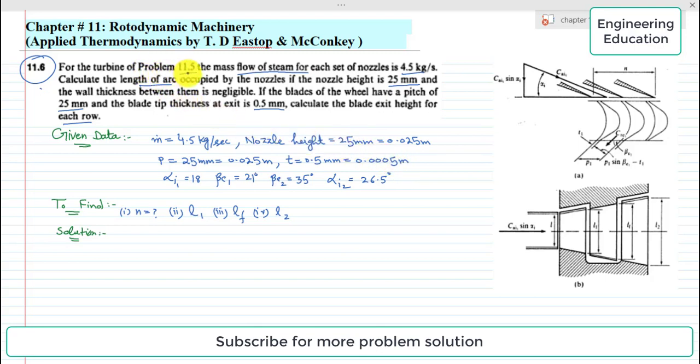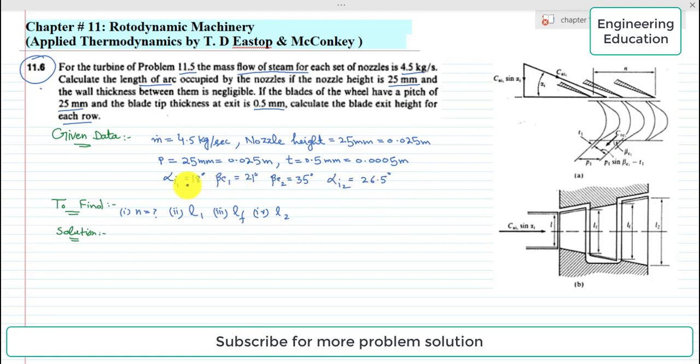Also from problem 11.5, we have nozzle angle, that is 18 degree, blade angle for first row, that is 21 degree, blade angle for the second row, that is 35 degree, and the inlet angle for the absolute velocity for the second row is 26.5 degree.